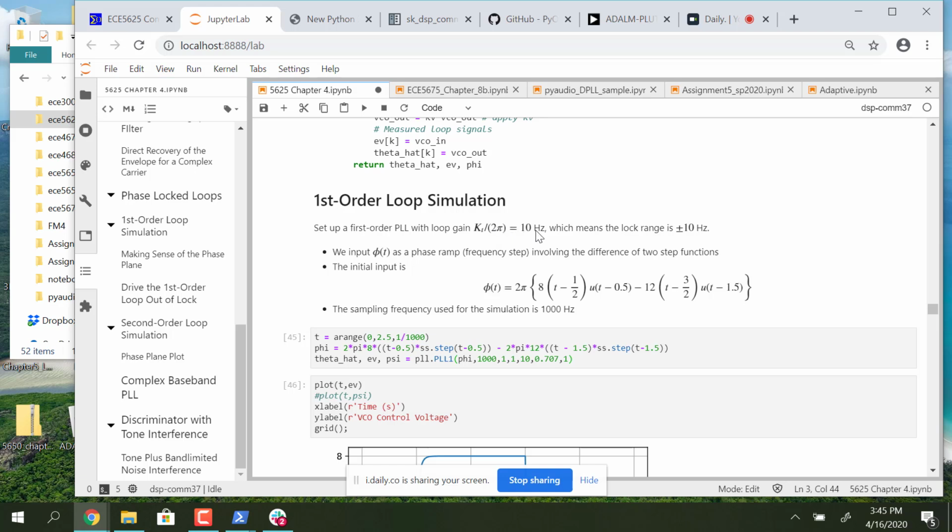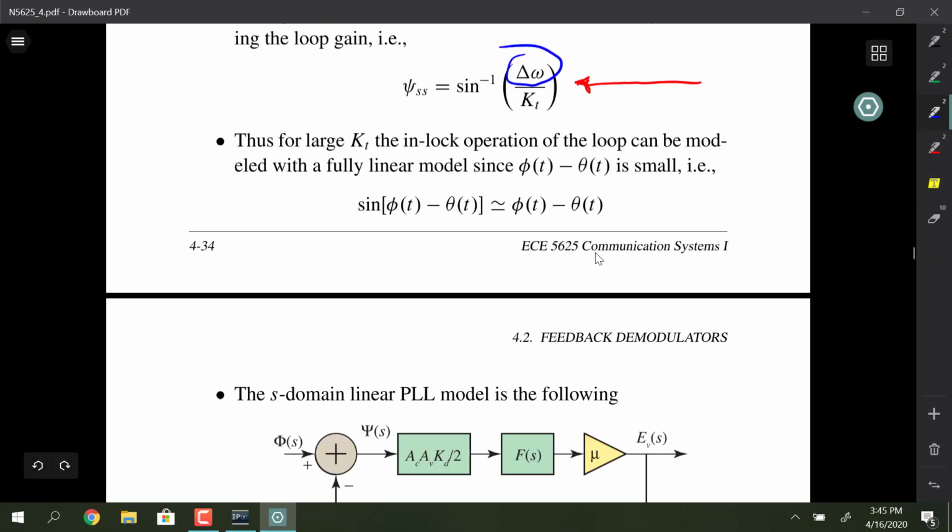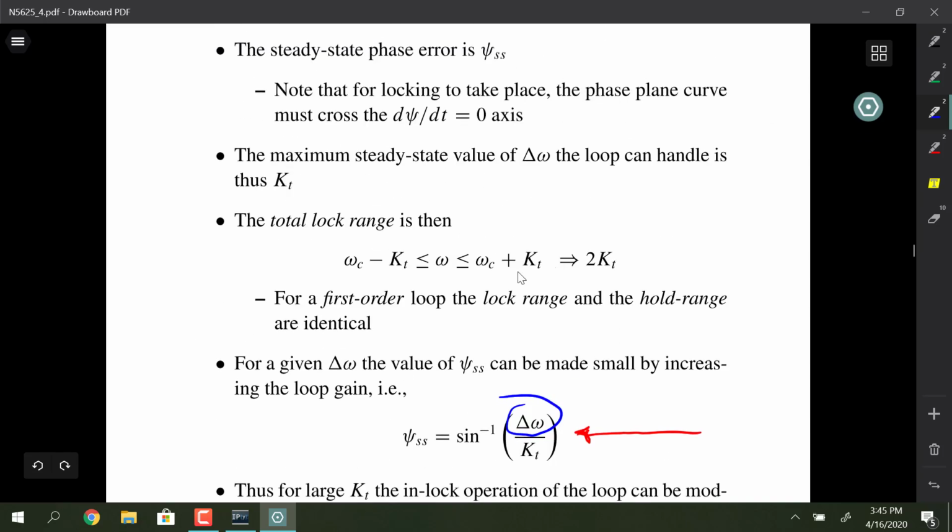When we do that, that tells us that the lock range is plus and minus 10 hertz, because that was the math that we had over here in the notes. This equation right in here talks us about the total lock range. We can bring the input frequency above and below the carrier by kT, and if we divide that by 2 pi, that's going to be in hertz as opposed to radians per second.